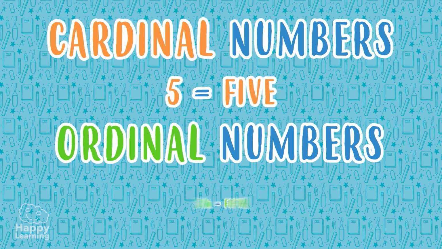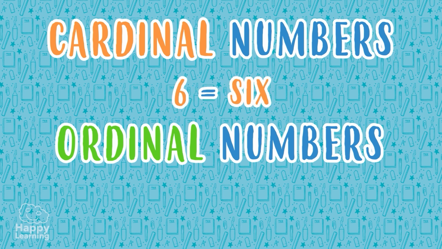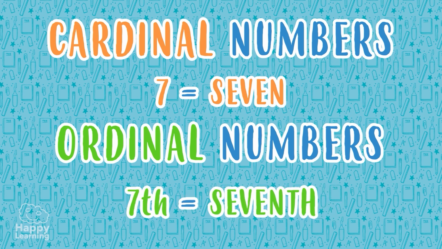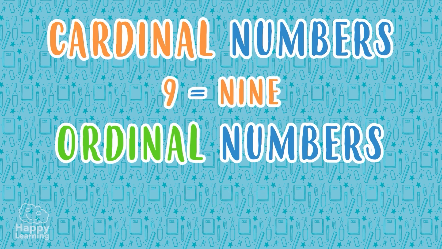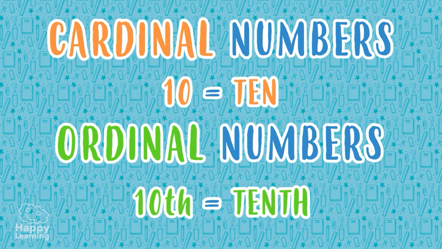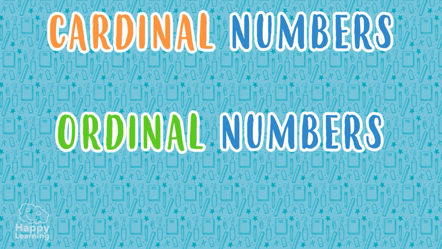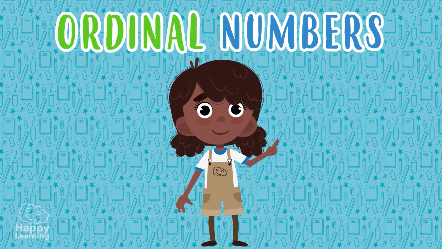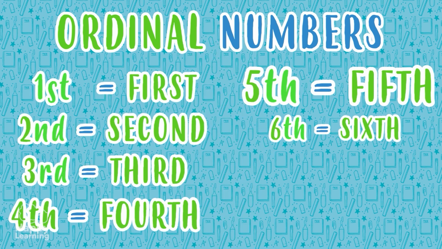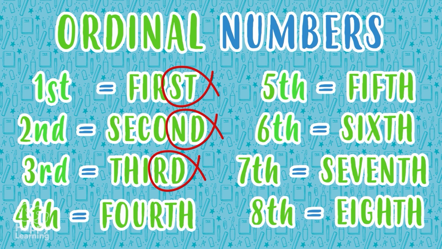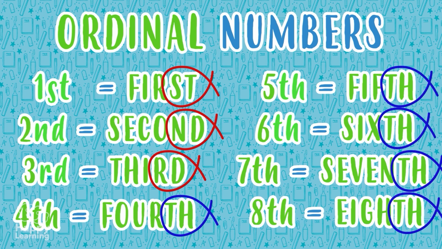And 5, fifth. 6, sixth. 7, seventh. 8, eighth. 9, ninth. 10, tenth. And so on. See? There's nothing too complicated about it, is there? It's only really the first 3 numbers that change their pronunciation. The rest is their number and add th at the end.